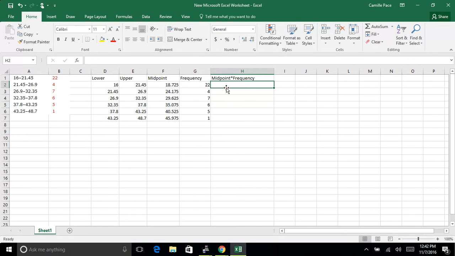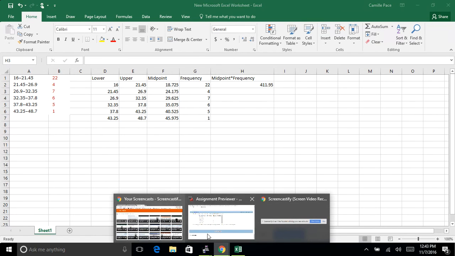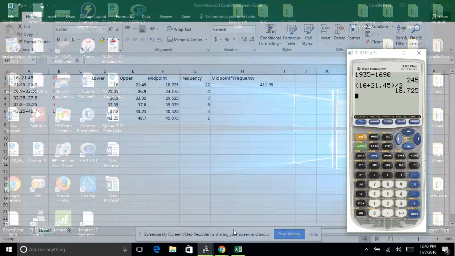Now I need to do the midpoint times the frequencies. All I need to do is equals my midpoint times my frequency and hit enter. Let's look at it again on the calculator so you can understand what I'm doing in Excel.